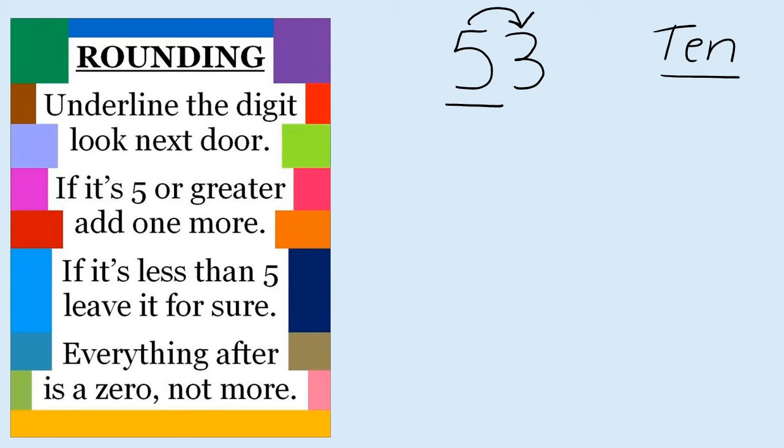If it's 5 or greater, add 1 more. 3 is less than 5. Let me see what the next bit of the rhyme says. If it's less than 5, leave it for sure. So my 3, less than 5, means that my underlined digit stays the same. Everything else becomes a 0, no more. So 53 gets rounded to 50.